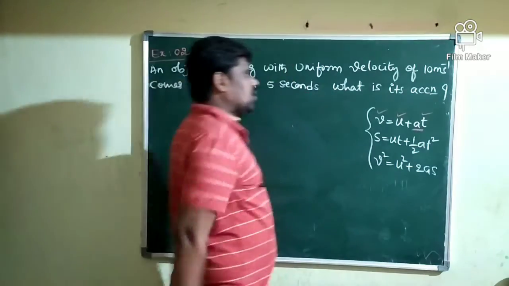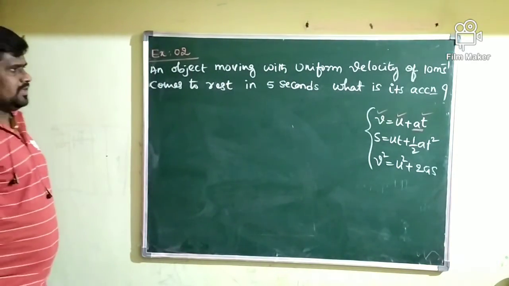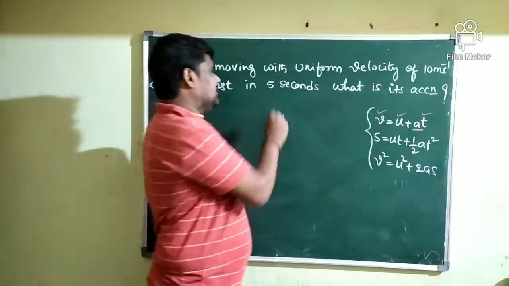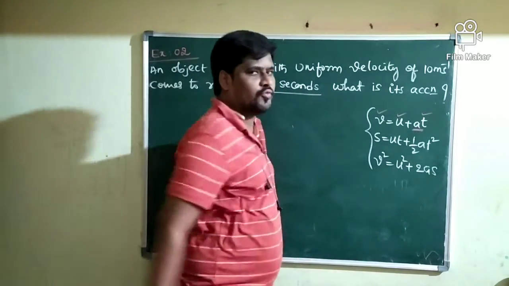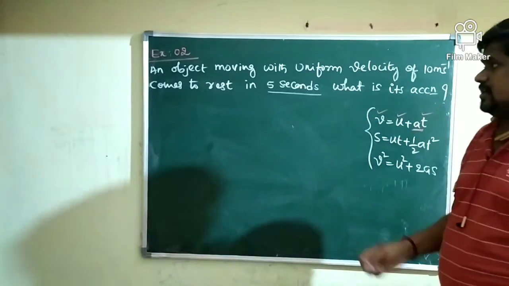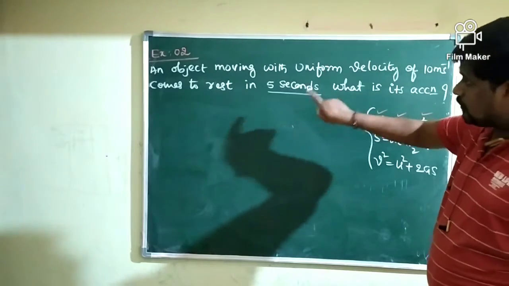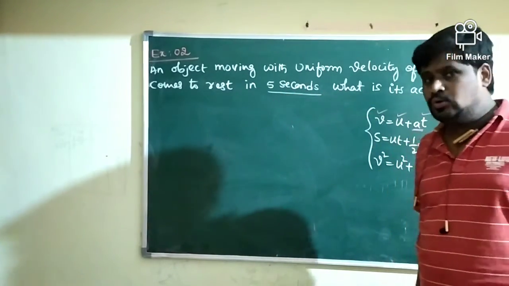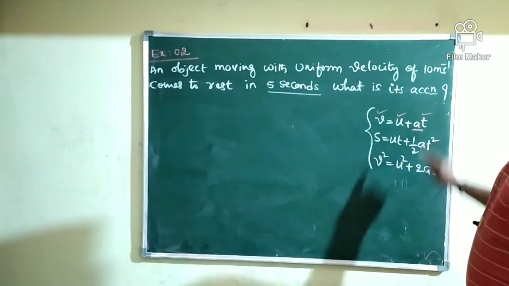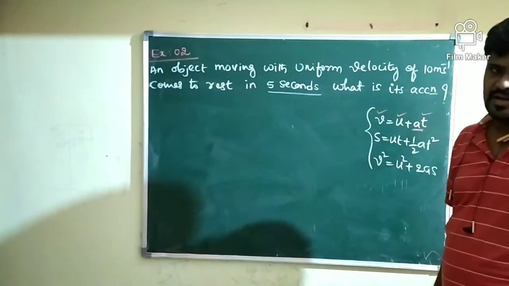Okay, I am writing in short, that is acceleration. Concentrate here. They are asking you to calculate the acceleration at the end of 5 seconds, because at the end of 5 seconds the body comes to rest. Initially the body was moving with a velocity of 10 meter per second.